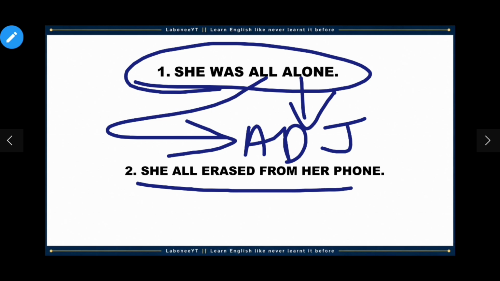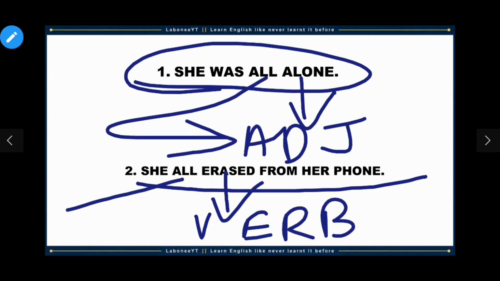Next, she all erased from her phone. We know "erased" as a verb or main verb, whatever you can say. And "all" intensifies it or modifies this verb to express the meaning of the entire sentence.